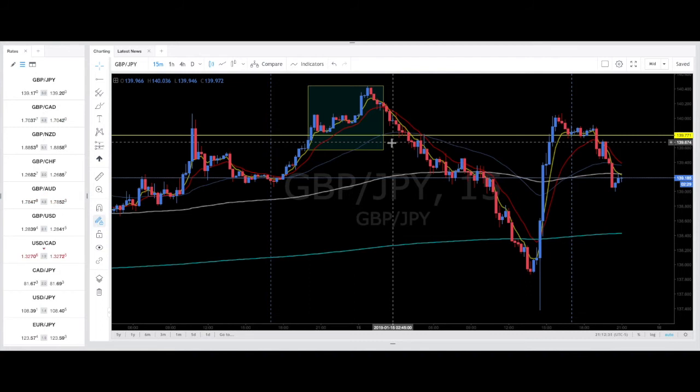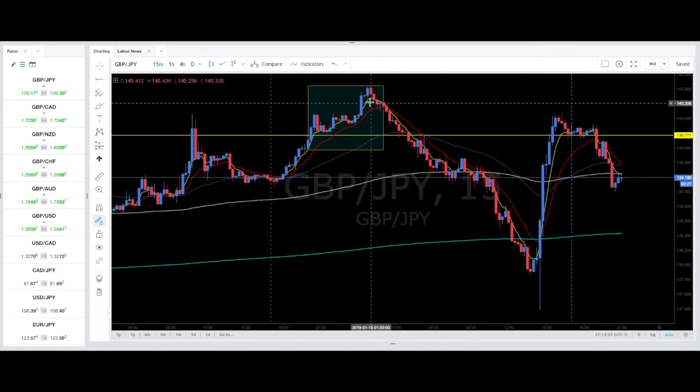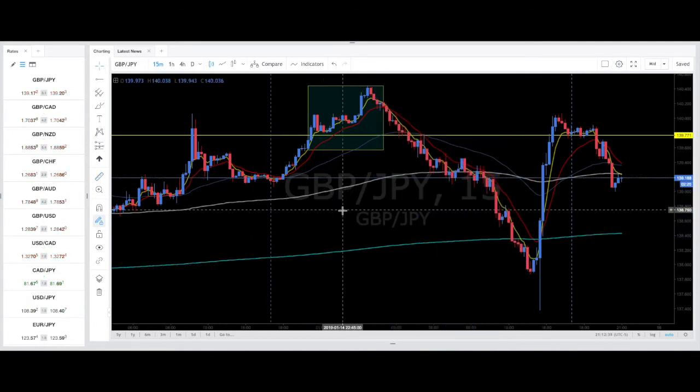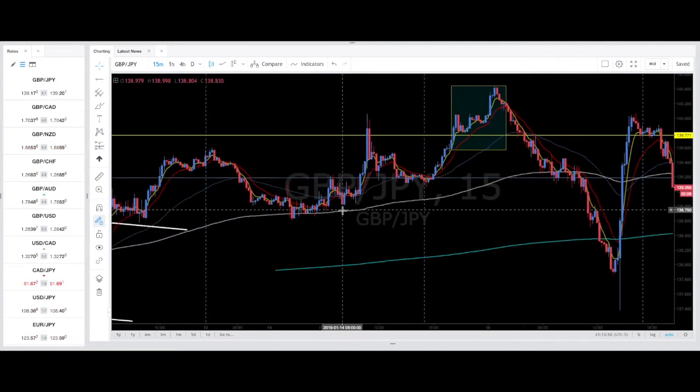All railroad tracks. So if you were awake at that time and you caught it, my goodness, you got paid. You absolutely got paid on pound pairs. Pound pairs basically gave away money during London session is what they did.